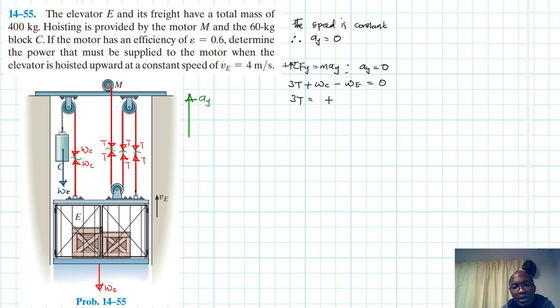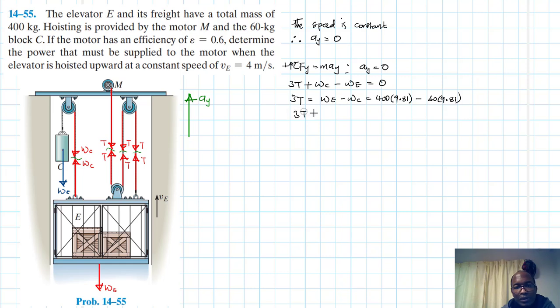So 3T is just equal to WE minus WC, and this is just equal to 400 by 9.81 minus WC, which is 60 by 9.81.